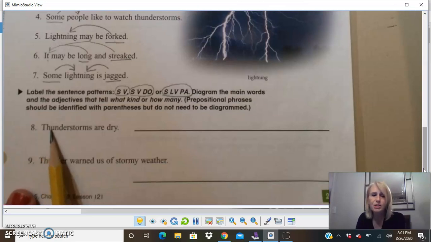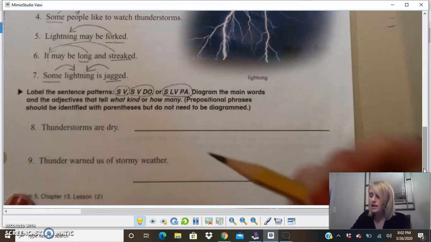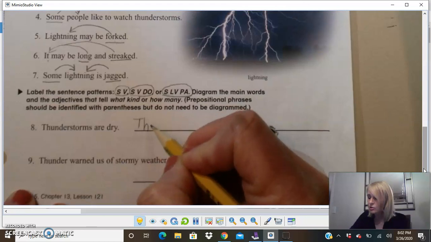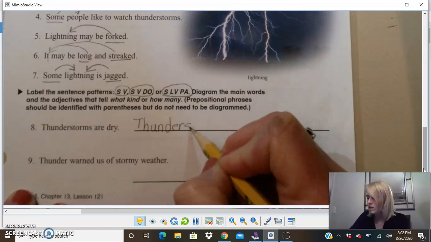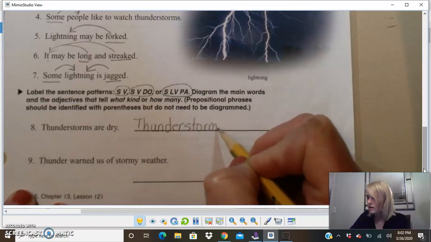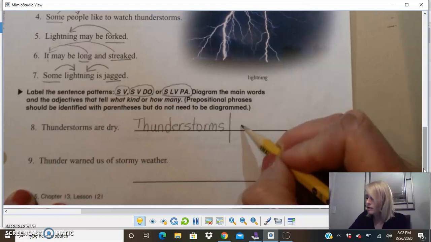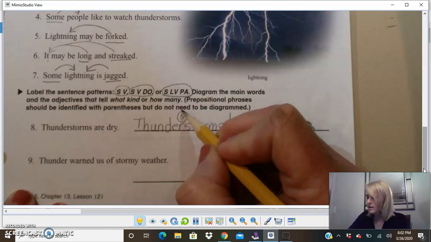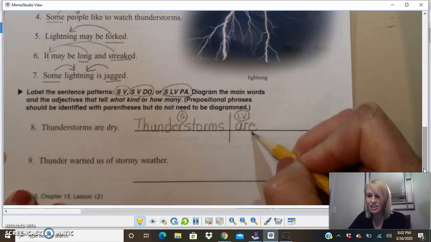Do you see a prepositional phrase in this one? No, there is nothing that shows position in here. But I do see a subject, and the subject is thunderstorms. And are is the linking verb. So this is a subject, and this is a linking verb, and I know it's the linking verb because it doesn't show action.